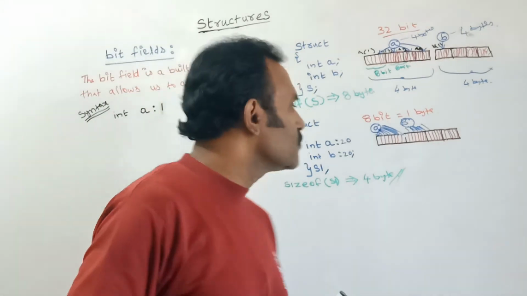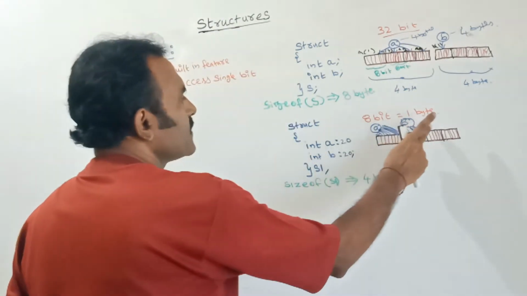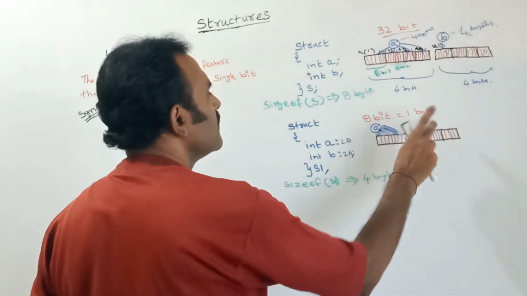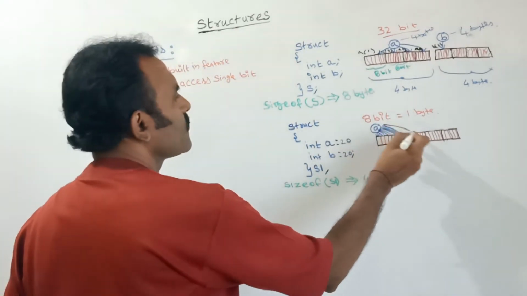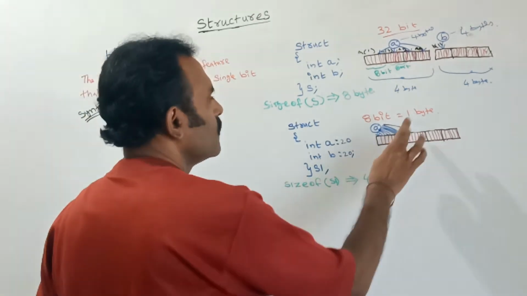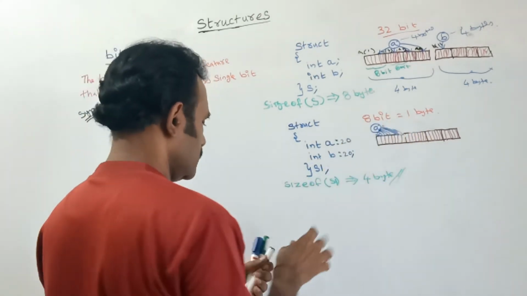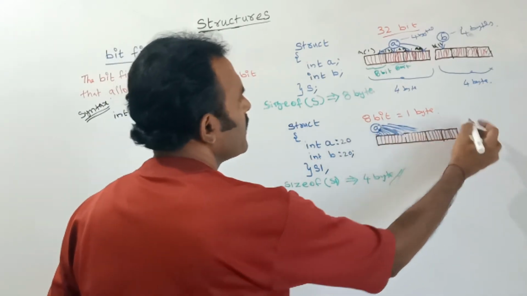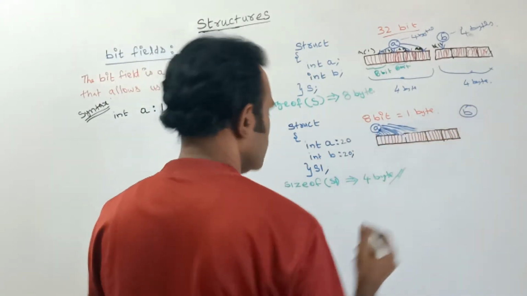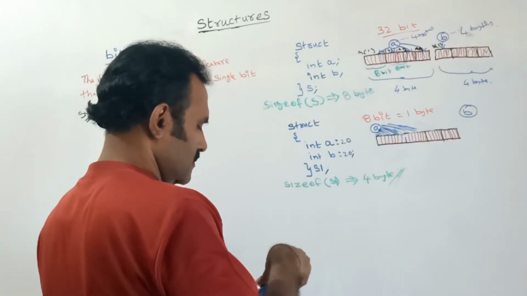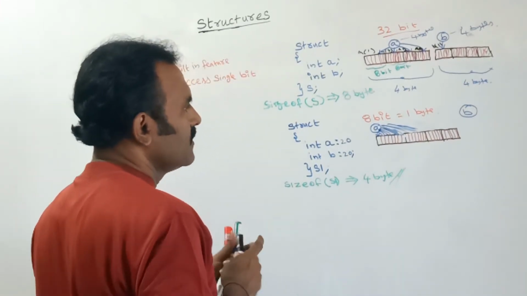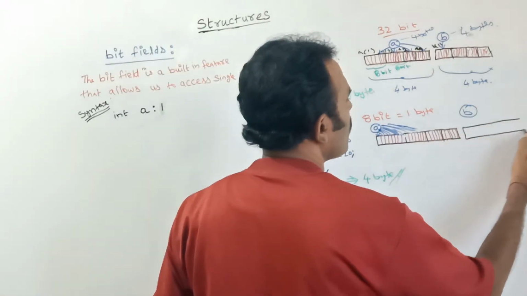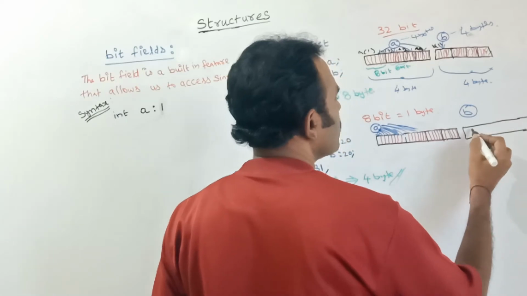So when it is storing these bits, when you are aligning the memory for this A, it will take totally 20 bits. Next for B, it will align 4 bytes.